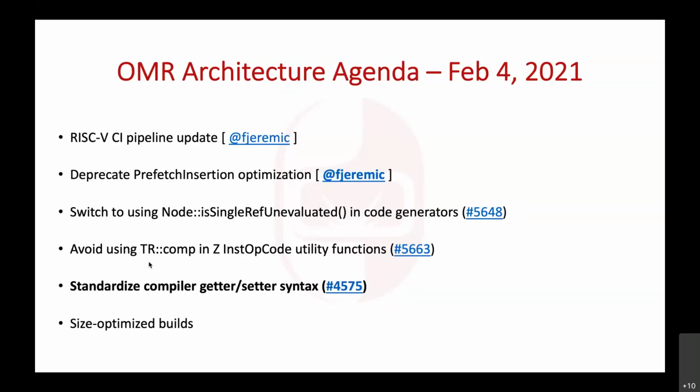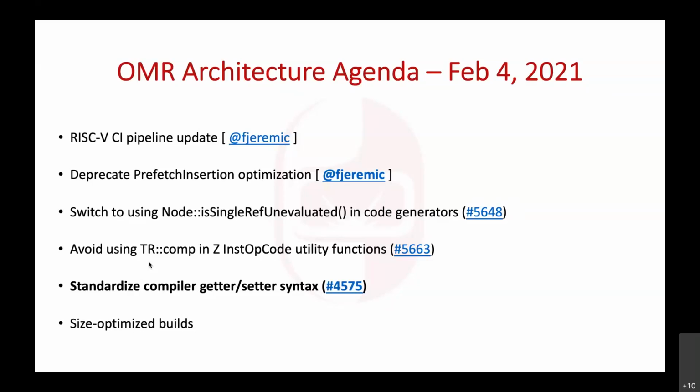When the compiler code was first written, 20 years ago, and for a good part of its life, the convention used for getters and setters was get followed by the field name, and set followed by the field name. However, over time, another format has started to creep into the code, and is actually prevalent in a lot of places, which is, I think, an attempt to make the code more readable.